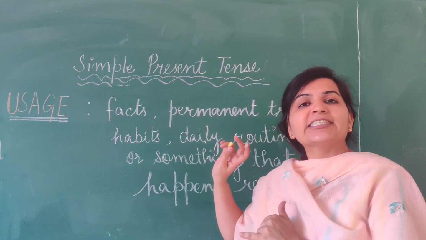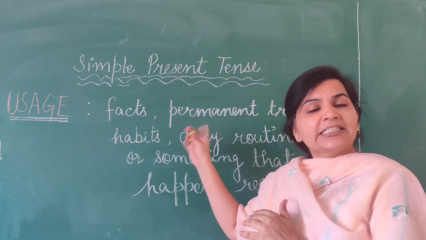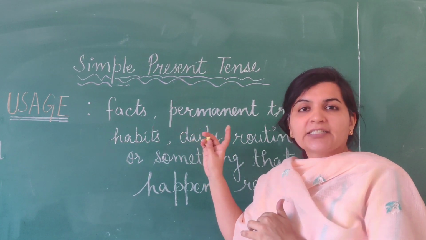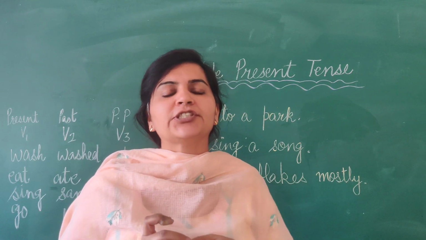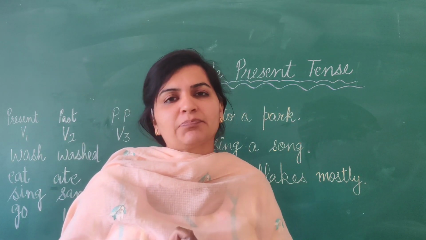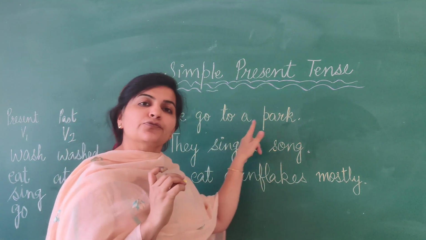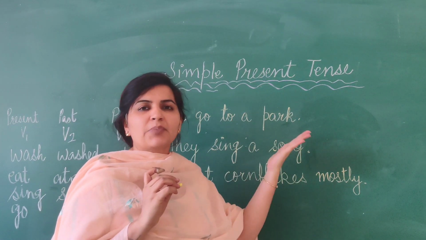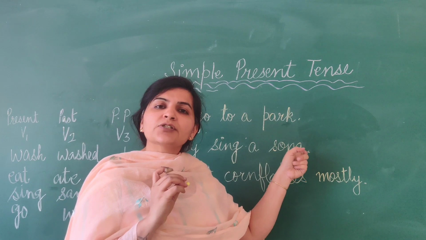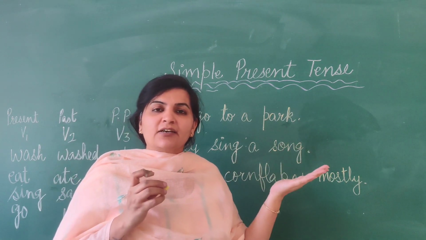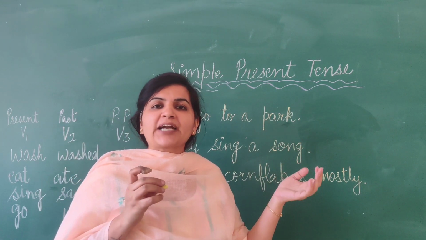But we are going to do certain examples so that you understand the usage better. I have already written some examples on the board. One I will write with you. So let's read them one by one. We go to a park. So you go to a park daily. Second, they sing a song. So probably there's a group which is practicing for songs.